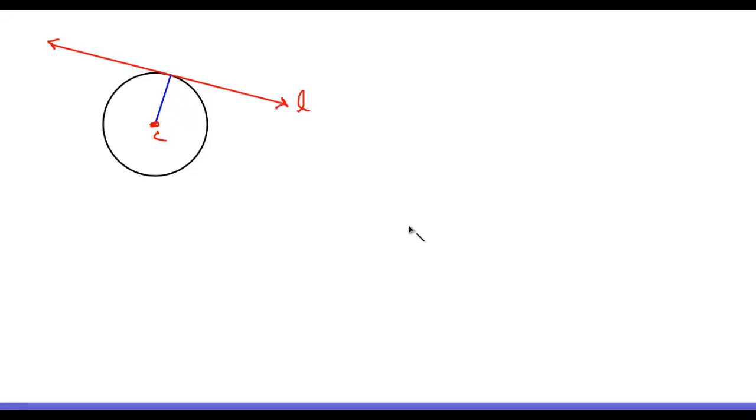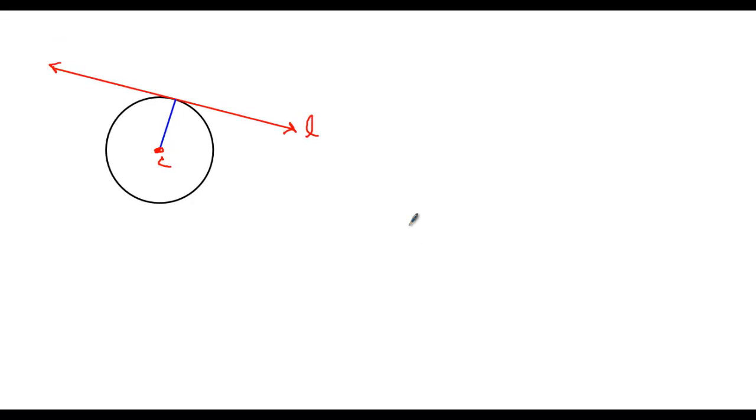So right there. And when your radius intersects your tangent line, that intersection is always perpendicular. So this will be point D.